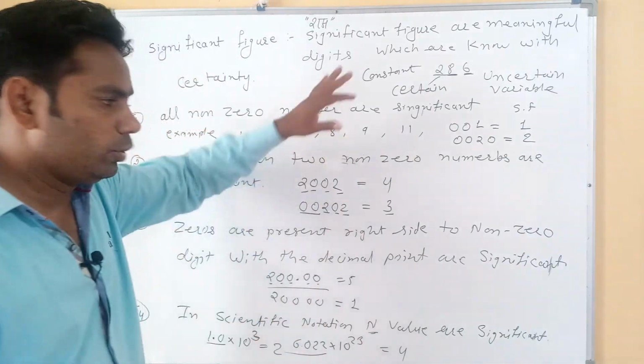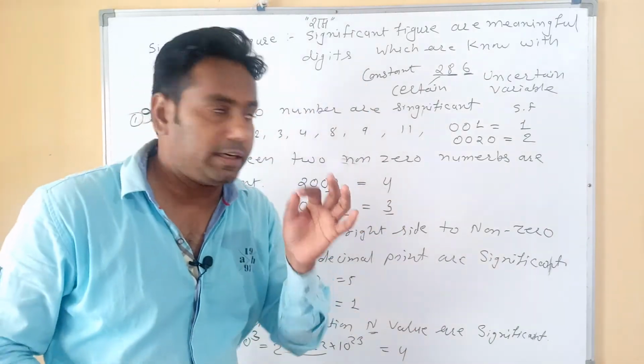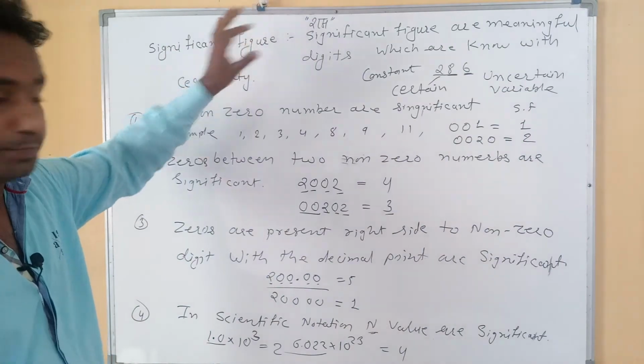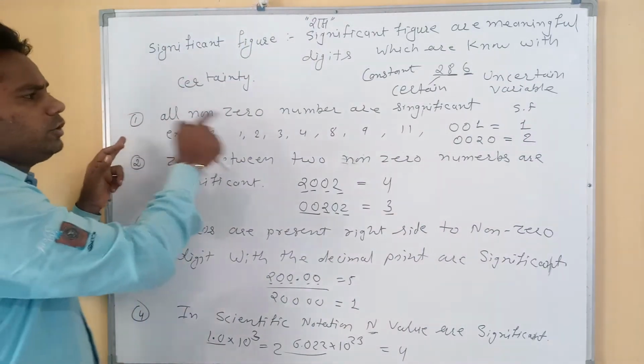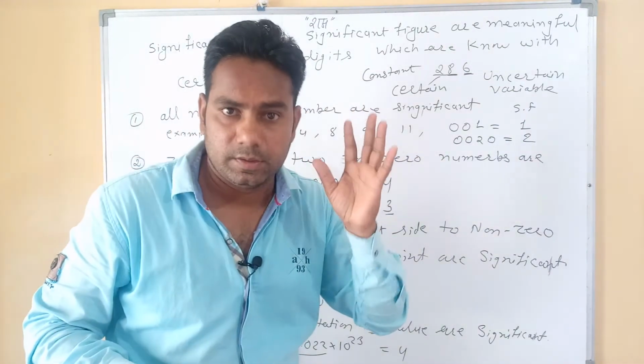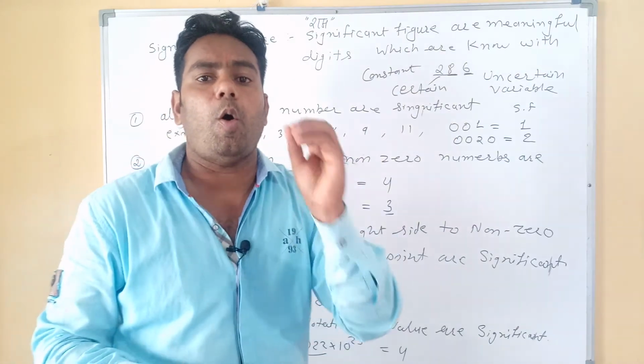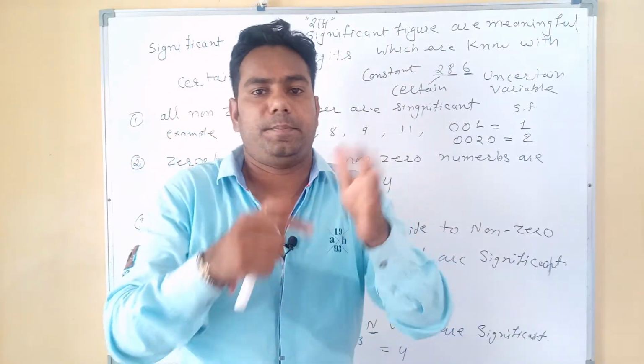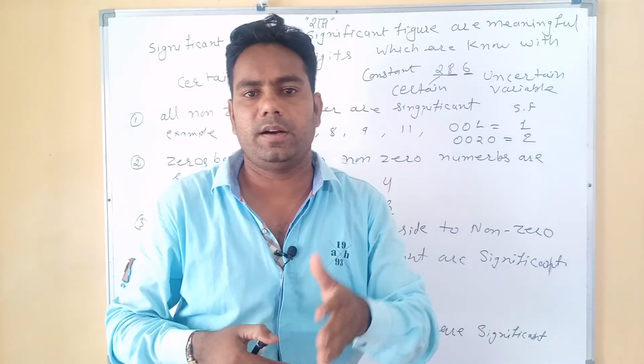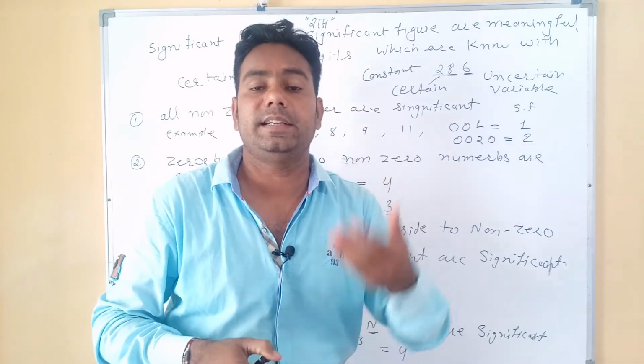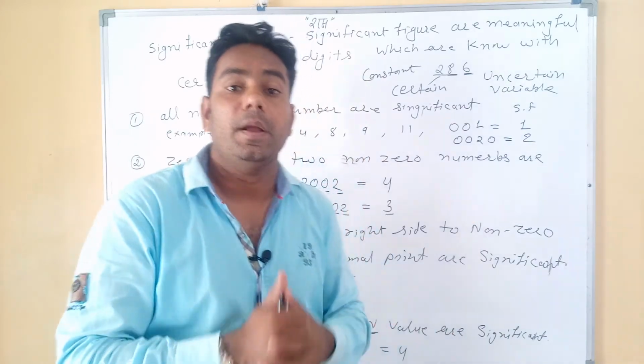Clear? Some rules are there for determination of significant figures. All non-zero numbers are significant. It's not a problem whether they are present as single digit, double digit or triple digit.